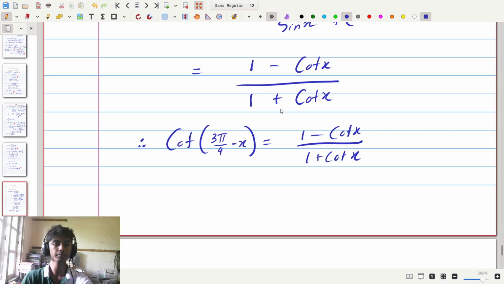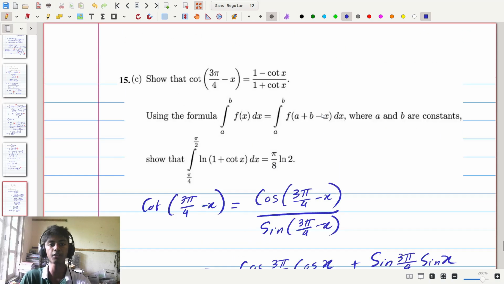Now after that, the question then says, using the formula integral from a to b of f of x dx equals integral from a to b of f of a plus b minus x dx, where a and b are constants, show that this integral is equal to this value.